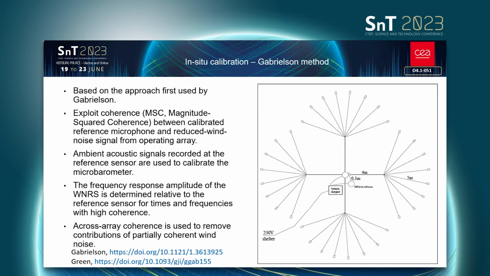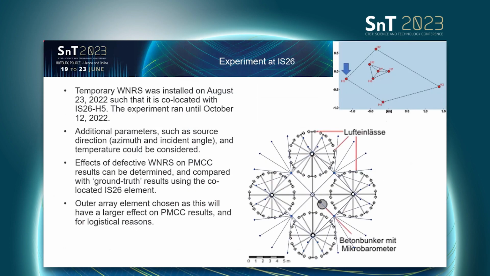By taking that relative response, we can determine what the response of that sensor under test is. So it's basically just a comparison calibration. We use only windows where there's very high coherence to ignore situations when there's noise, and that allows us to get this calibration by reference.